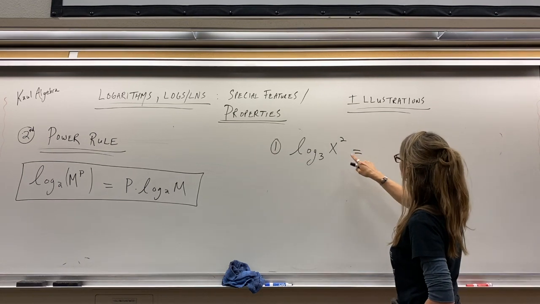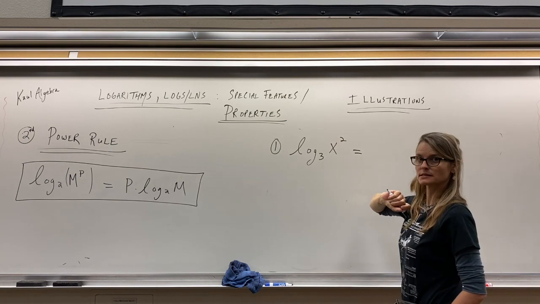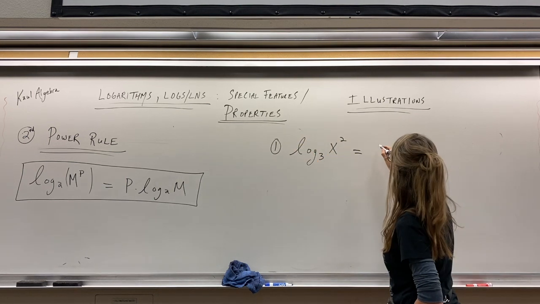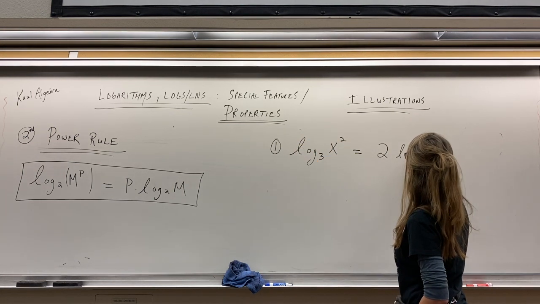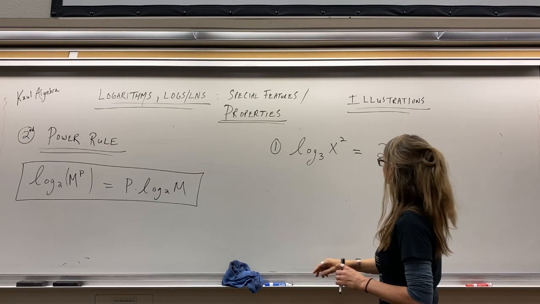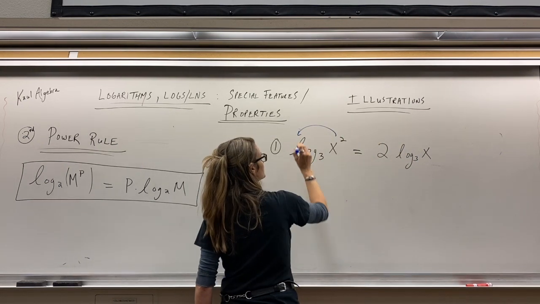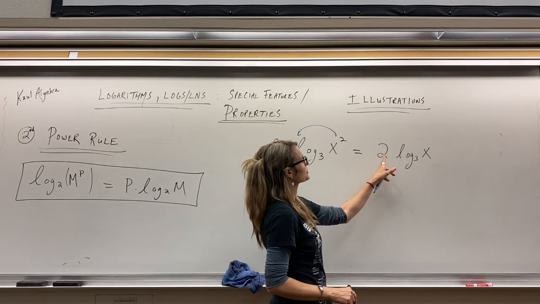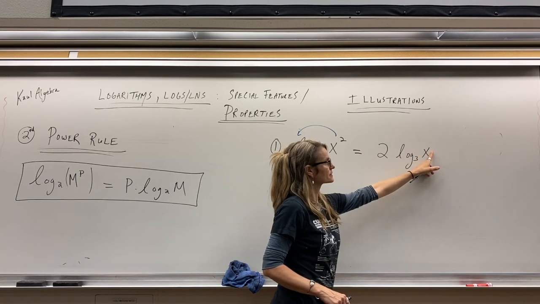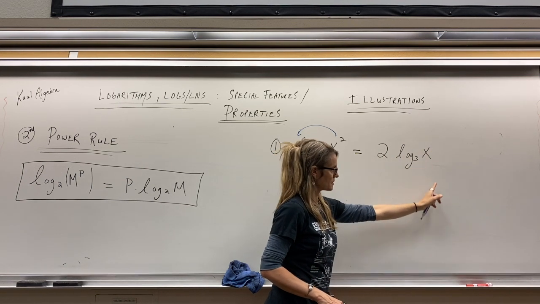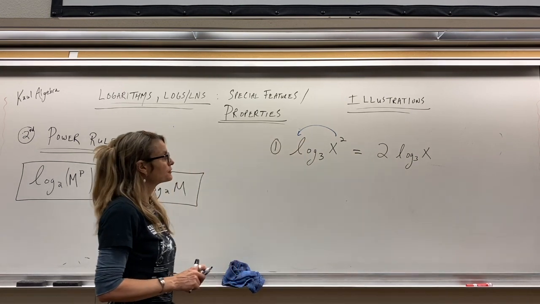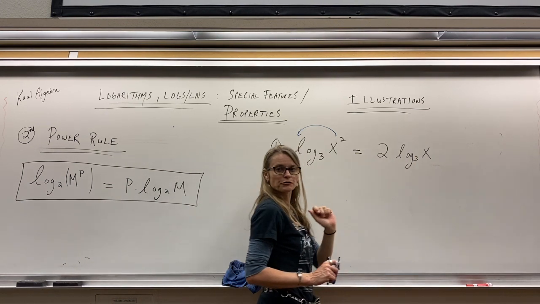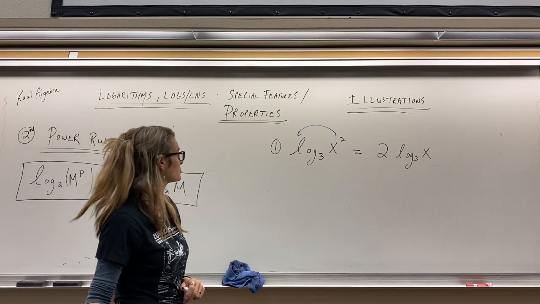This will be equivalent to, since I only have one base inside the log, and that's applied to the second power, I'm going to bring that second power up front, so this becomes 2 log base 3 of x. So this is my equivalent form right here. Many times when we're trying to condense logs, we write this into the exponent, and then sometimes we'll have to do some simplification inside the log, or sometimes it's easy to write the exponent out front and use it as a coefficient. It just depends on the problem.